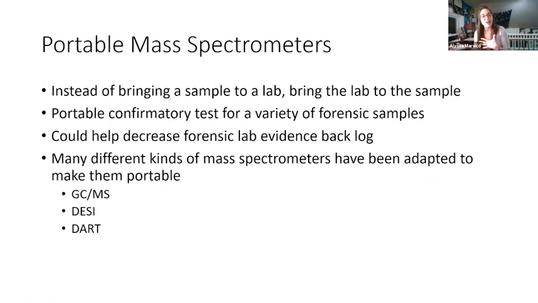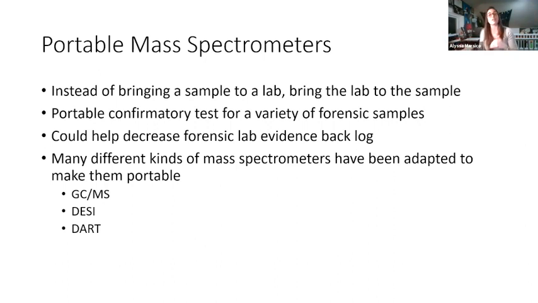Now, one of the things I talked about is making things portable. That's the newest research area for forensic science: taking some of these lab-based instrumentation techniques and bringing them to the scene, rather than waiting for the sample to be packaged, processed, looked at in the lab, and sent to an instrumental lab that may be backed up with lots of samples.